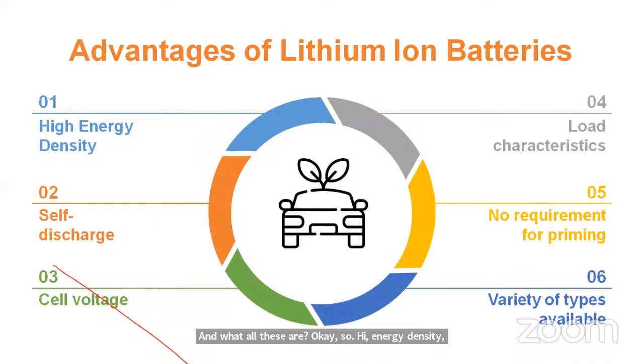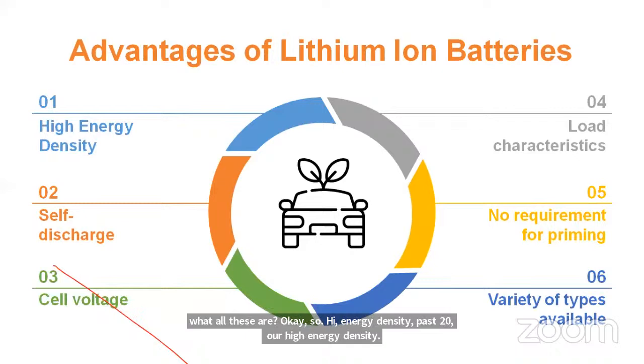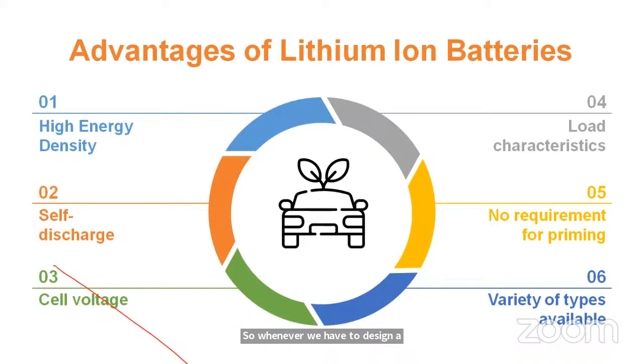So whenever we have to design a battery pack, how do we start? First, we need to choose a cell. Whenever we have to design a battery pack, the foremost thing is that we have to choose a cell. And what speciality should be there in that cell?